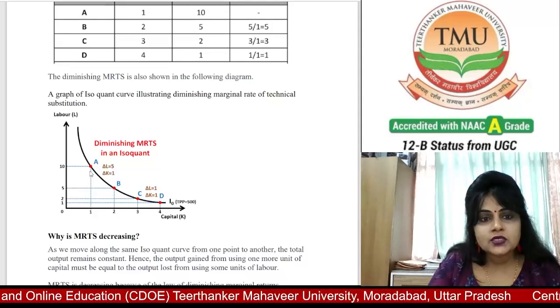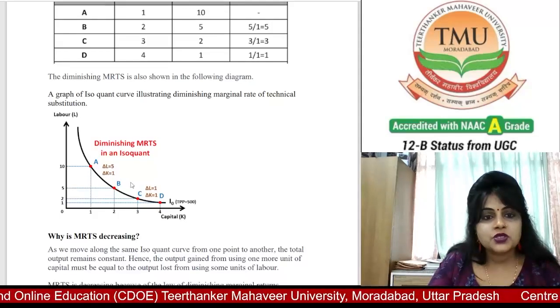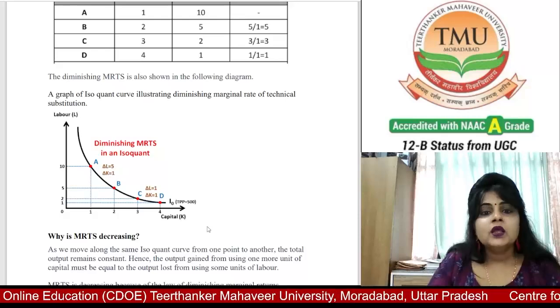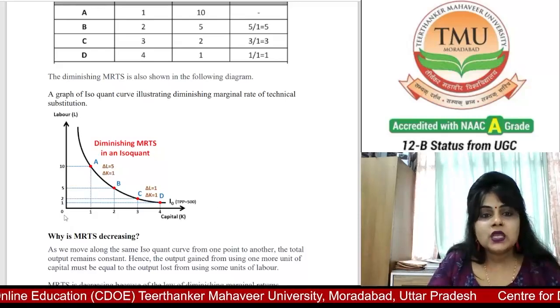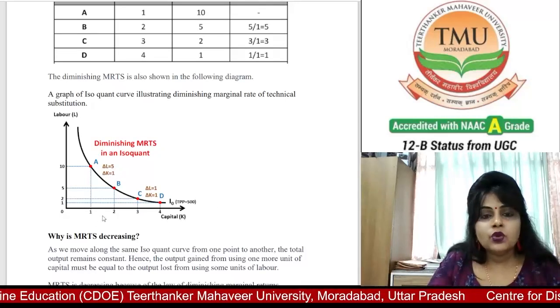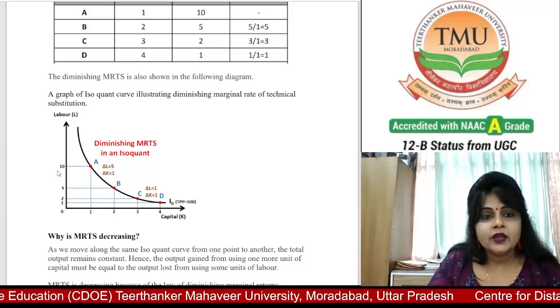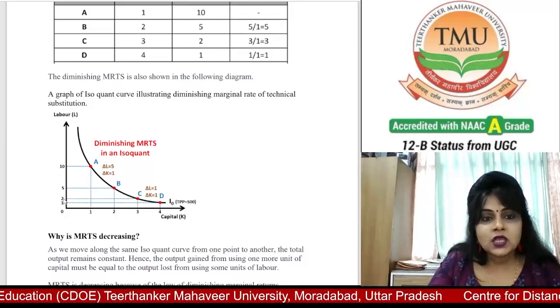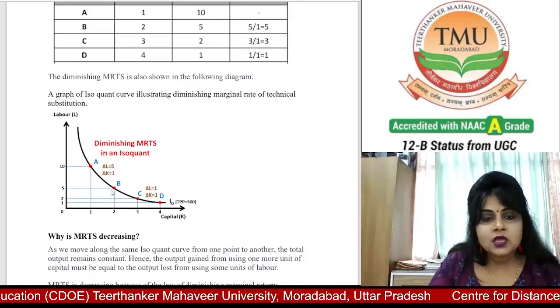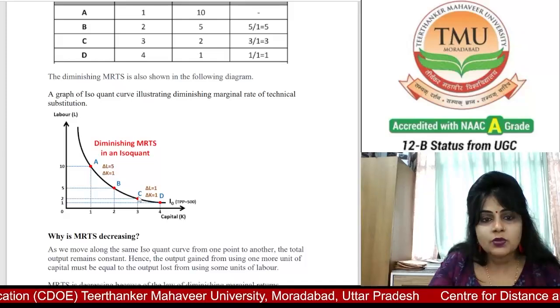So you see here it is the marginal rate of substitution. On the B point, the producer increases to 2 capital and sacrifices 3 labor. It is the marginal rate of substitution for B combination.